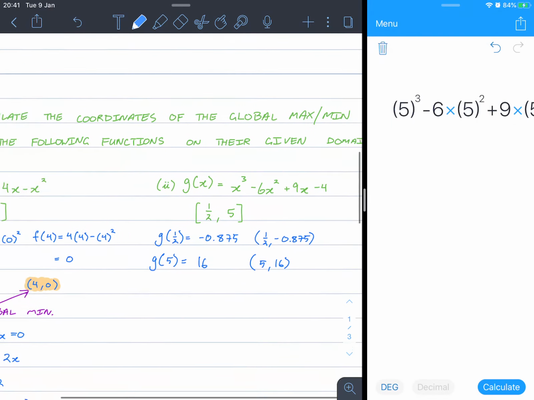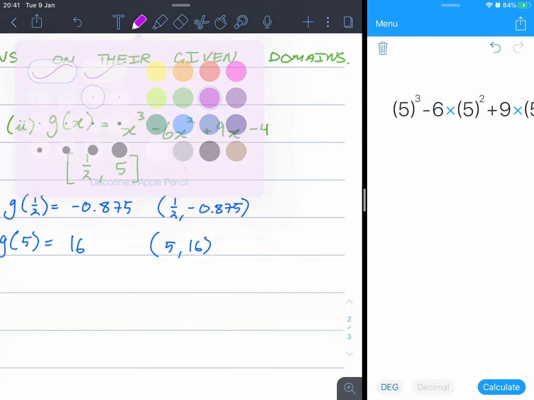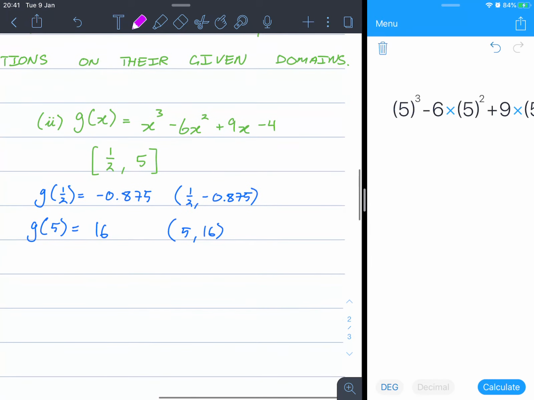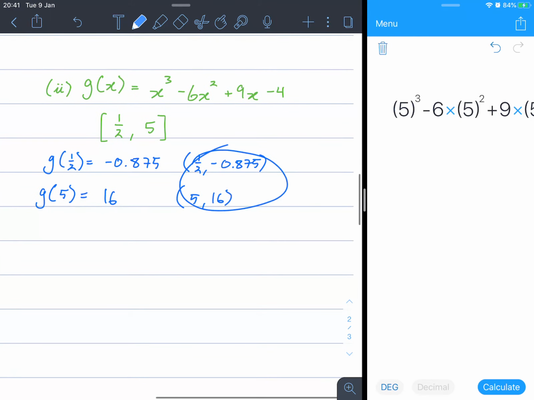Already these 2 points, one could be a global minimum. This one here could be, because that's already the lowest point. And this could be the global maximum, because that is the highest point. What we need to do now is check that any of the stationary points between here aren't lower or higher than these 2 points already.